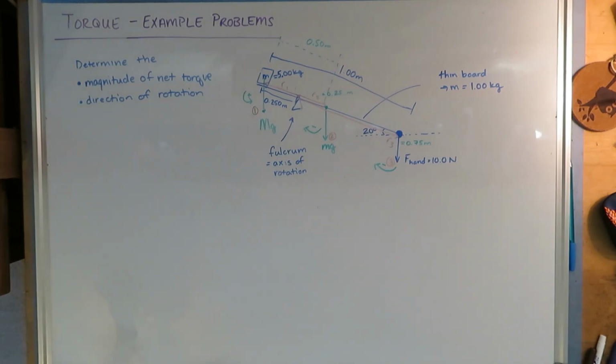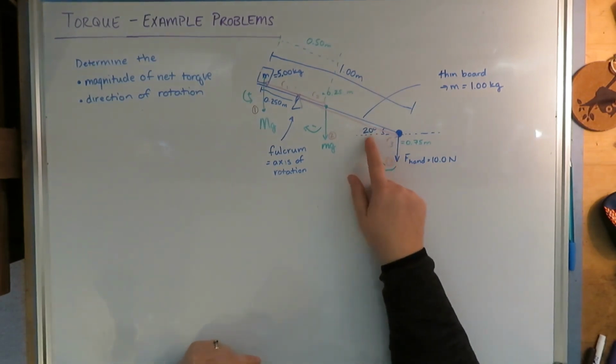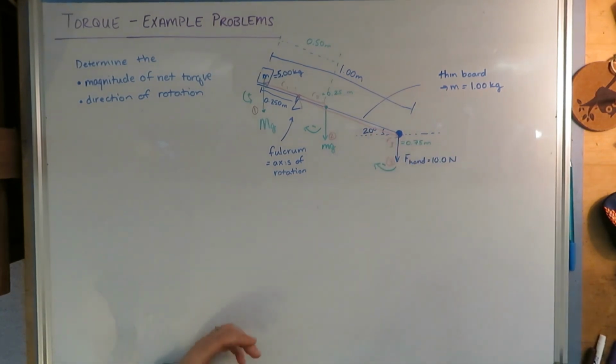The other thing I'm going to have to worry about is that none of these forces are at 90 degrees to the lever arms. So I need to figure out where that angle comes into play. They've identified this 20-degree angle for us right here, but that is not the angle between R and F for any of those.